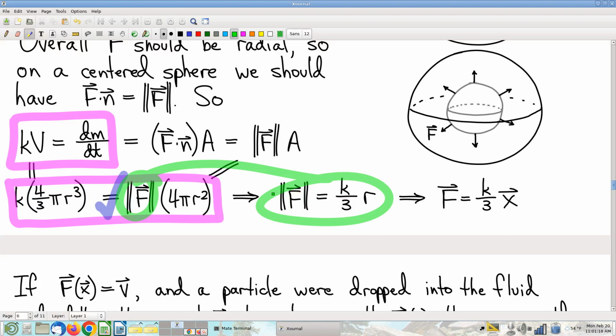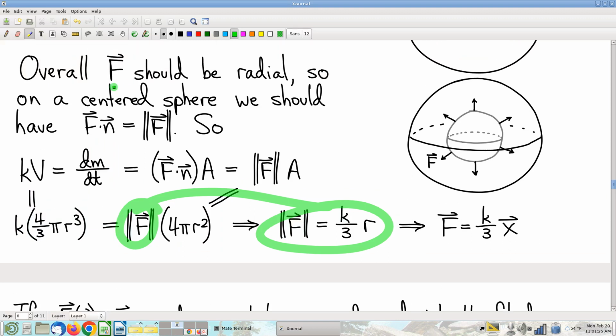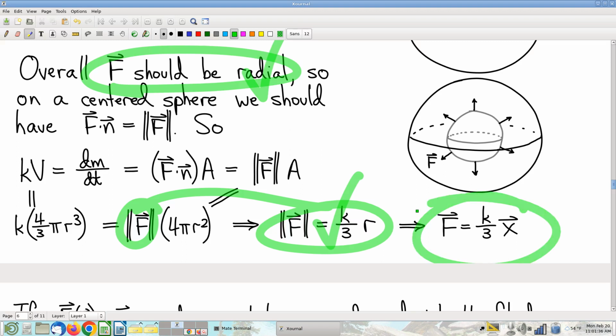And then it's kind of all over, because I already knew furthermore that F should be radial, and in fact there is only one vector field that is both radial and whose magnitude follows this rule, and that is this formula right here. So there's our formula for the vector field describing this flow, and not at all obvious that it should be this, right?